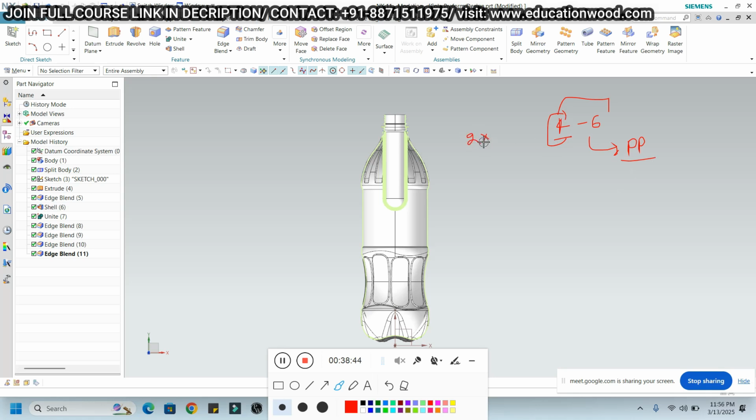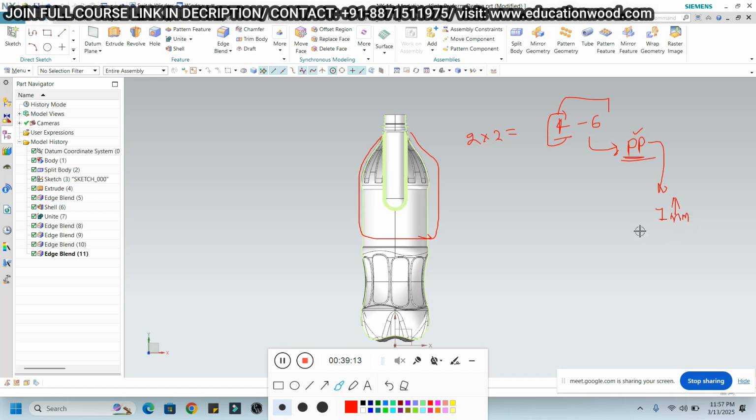The 4 means 2 multiplied by 2, right? So here you can see, 2 by 2. If we are working with PP, it means the component will be like this. Understood? Yes. It means there will be no stretching with this. And if I am taking the material PP, its wall thickness should be greater than 1, right?